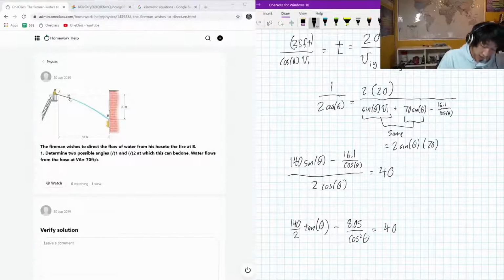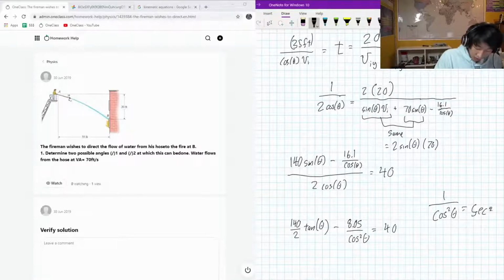That's going to be equal to 40. Now, something that we want to keep in mind here is that the reciprocal of cos squared theta is equal to secant squared theta, and secant squared theta is equal to 1 minus tan squared theta.